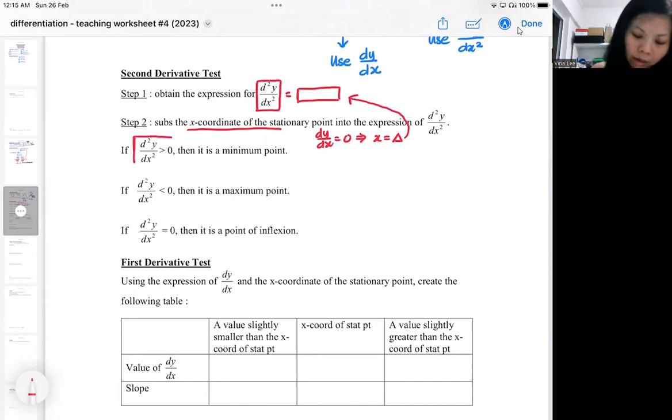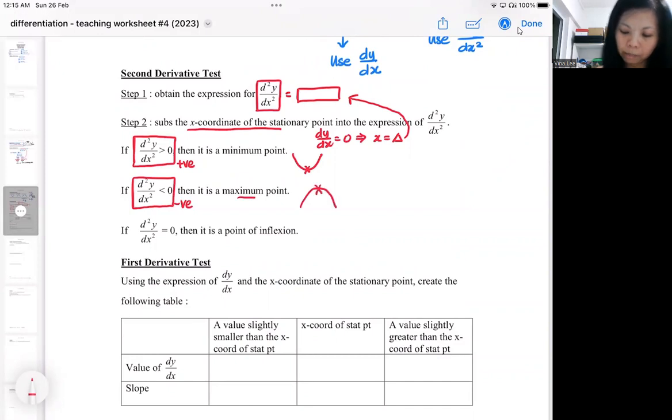When the second derivative is a positive value, then it will be a minimum point, a smiley-face point. If the second derivative is a negative value, then it will be a maximum point, a sad-face point. If it's not positive or negative, and it's exactly equal to 0, then that will be the point of inflection.